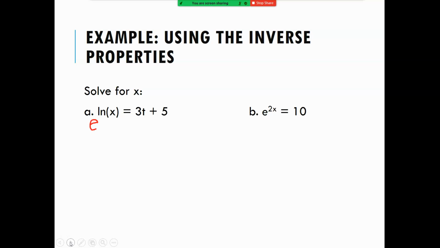In order to do that, we're going to e both sides, and that gives you x equals e to the 3t plus 5. Since we don't know what t is, that's simply our answer.